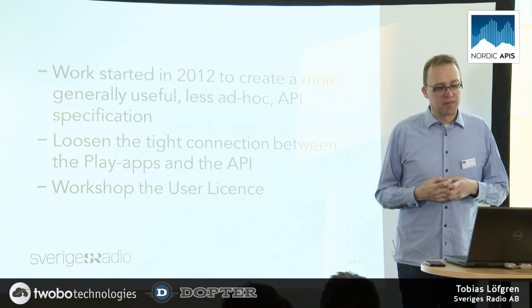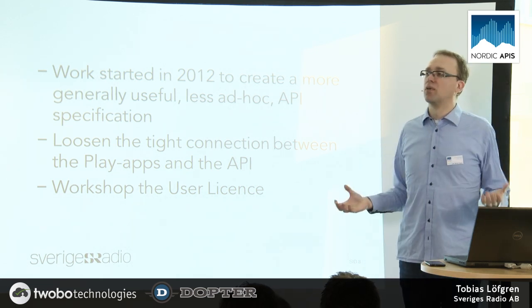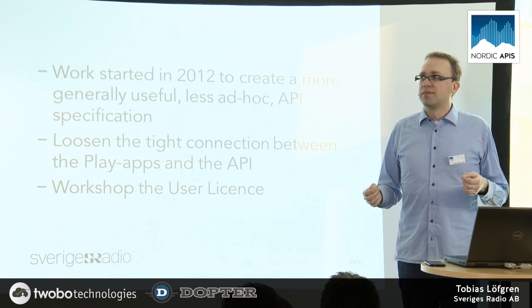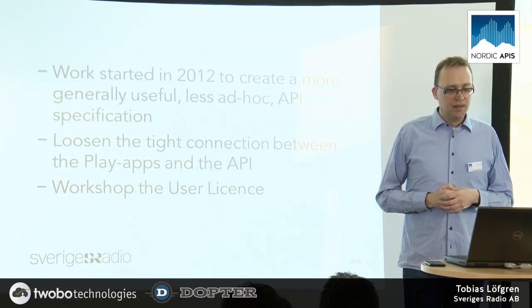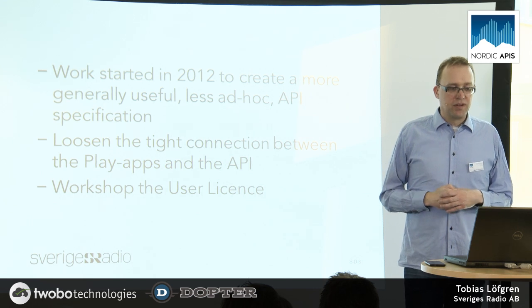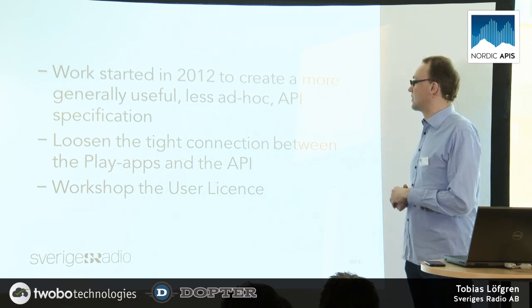And we wanted something that was more useful for creative work from other people, where you have more freedom, an API that wasn't directed towards creating a player application for Swedish Public Radio, a more general API. So we wanted to loosen the tight connection between the Play apps and the API.